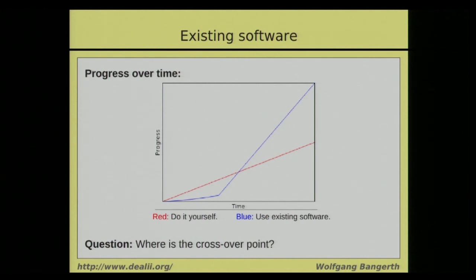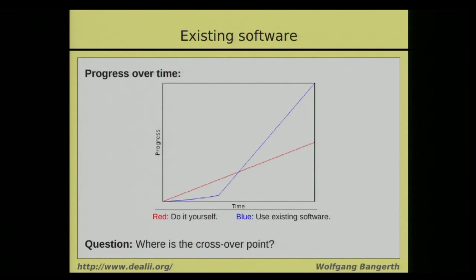If you were to use somebody else's code, then there would be a learning curve, right? In the beginning, you would be much slower, because you had to learn how this whole system works, but then comes a point where you become much faster because you can use what is already in there. And the question, of course, is where that crossover point is.